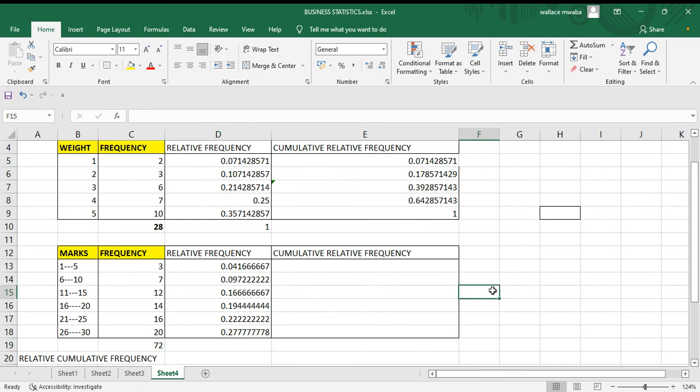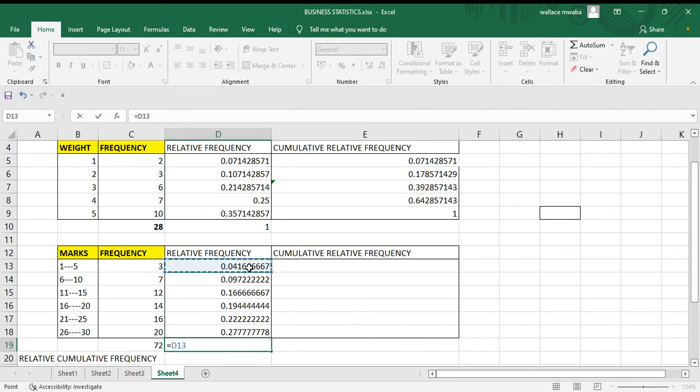So let's total up all of these. We should get 1 as our answer. Right, so we get 1 as our total, so we're correct.